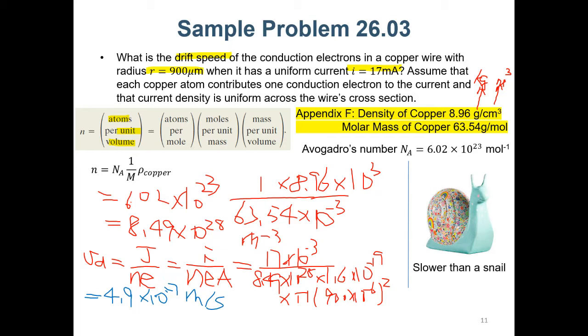And so it's hard to really imagine how slow a conduction electron is moving. Suppose I switch the light on and off. It turns on immediately.